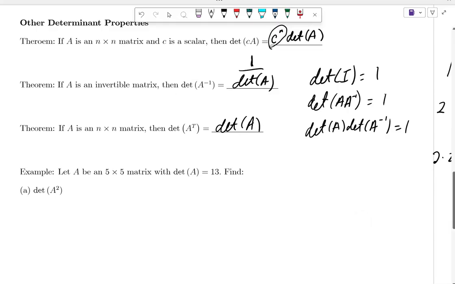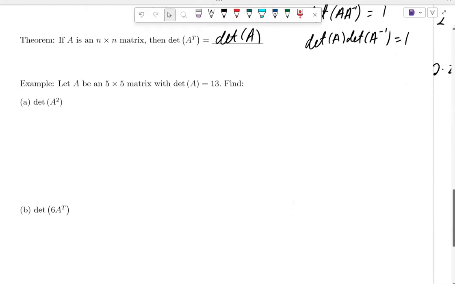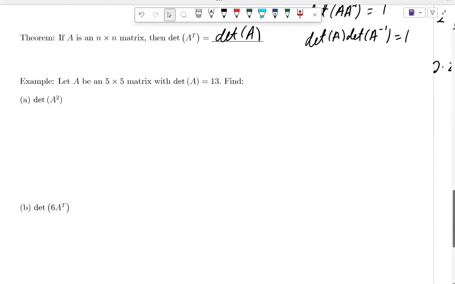Okay. So let's see if we can put these properties to use. Let's say you have a 5 by 5 matrix. You know that the determinant of A is 13. First problem asks you to figure out the determinant of A squared. What's that going to be? Maybe 169. Why is it 169?